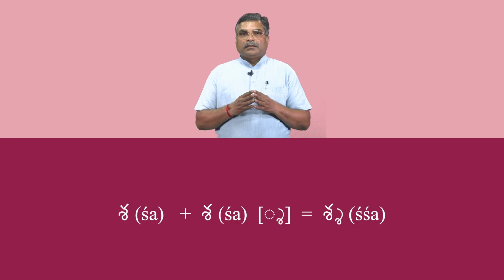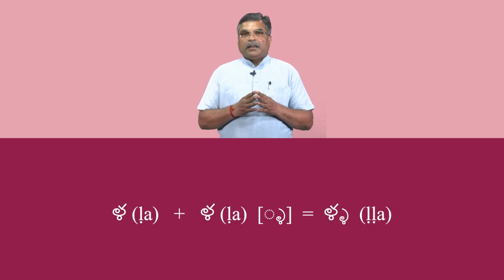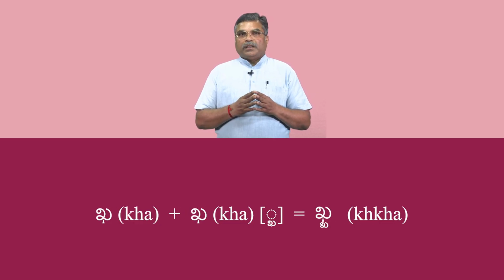The following illustration demonstrates the orthographic representation of gemination in the consonants introduced in this group. Sha plus Sha, Shsha. La plus La, Lla. Kha plus Kha, Kkha. This section illustrates how secondary grapheme symbols are attached to consonant clusters.